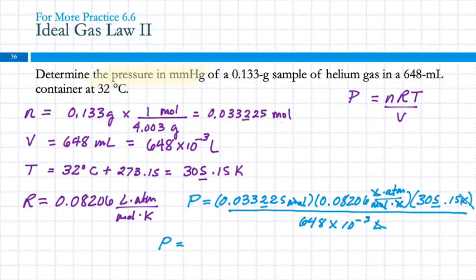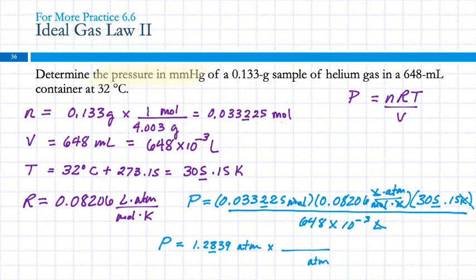0.033225 times 0.08206 times 305.15 divided by 648 EE minus 3 equals. Anybody else get that number? Is that my answer? No, it's asking for pressure in millimeters of mercury. So I just need to convert that.